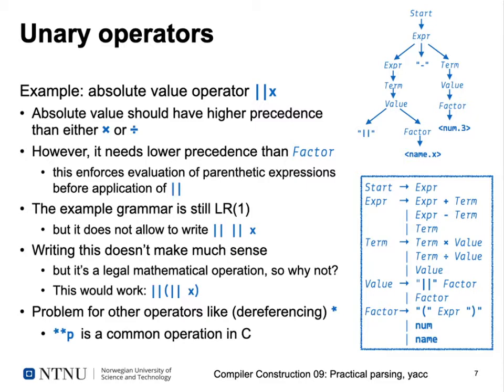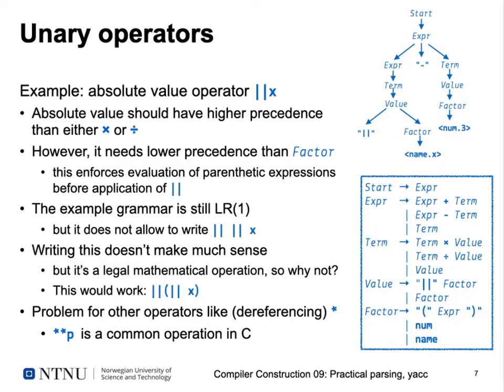So the absolute value should have higher precedence than, for example, multiplication and division, but it needs to have a lower precedence than our factor, because we also want factors to include expressions grouped inside brackets. And of course, if you apply the absolute value operator to such an expression in brackets, so you write absolute value, bracket, some expression, closing bracket, you want to have the absolute value of your complete expression in there.